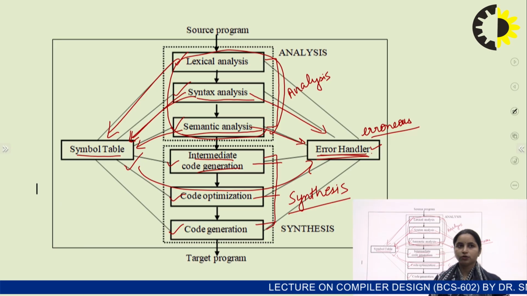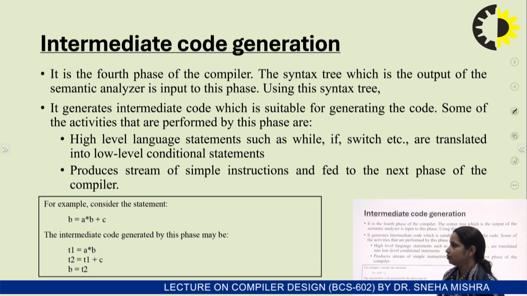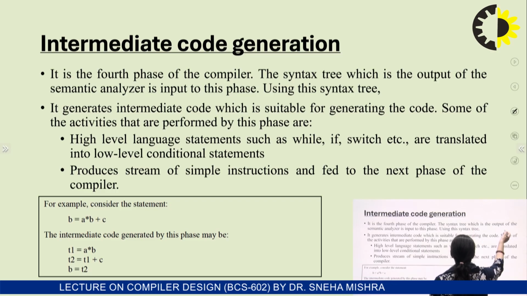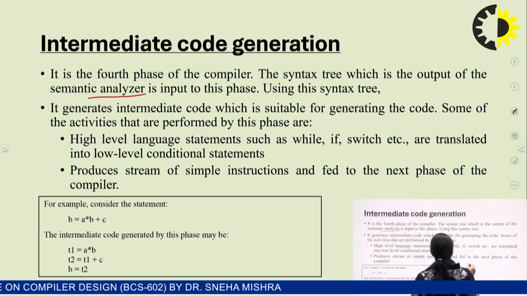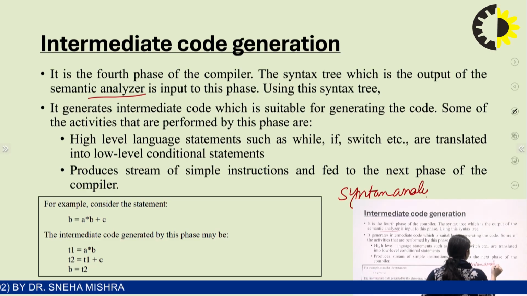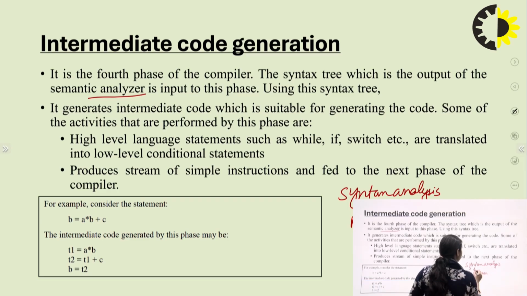So in intermediate code generation, it is the fourth phase of the compiler. The syntax tree, which is the output of the semantic analysis, right? I told you that in syntax analysis we are generating a parse tree, and in semantic analysis also, the output is in the form of a parse tree.